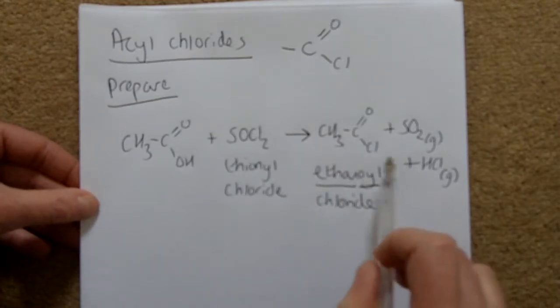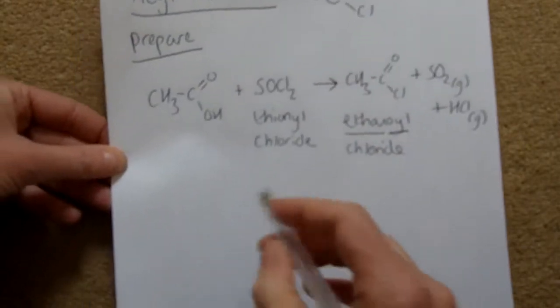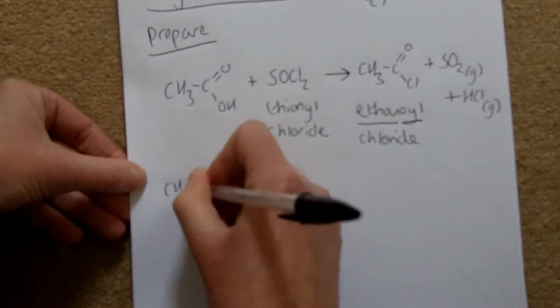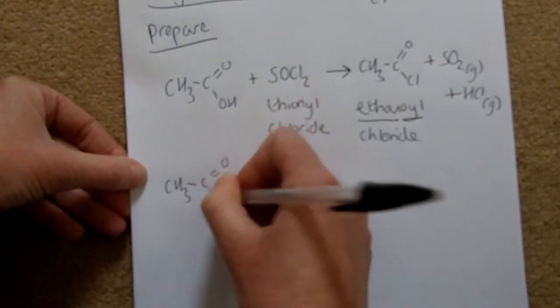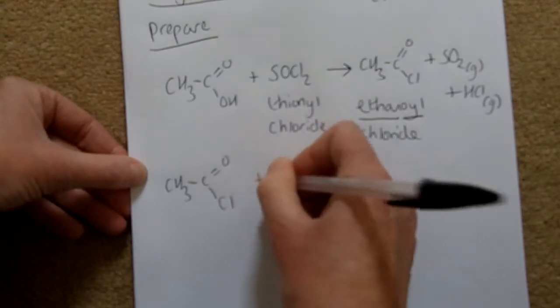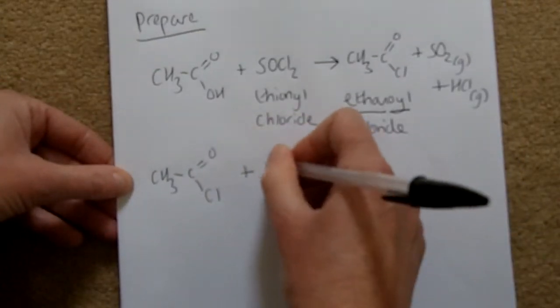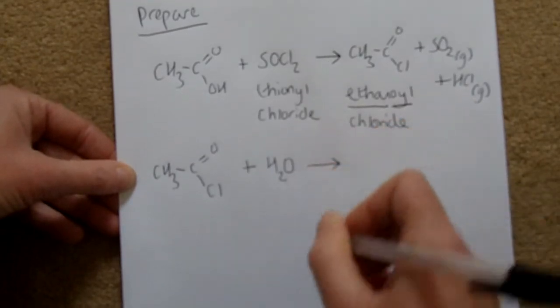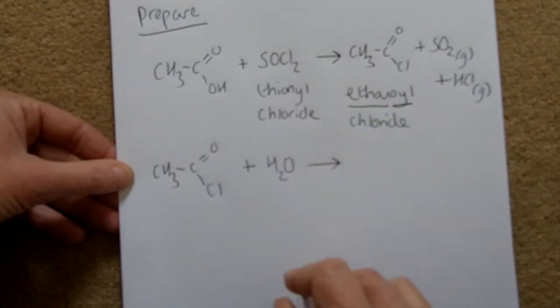Once you've made the acyl chlorides, they are really reactive. Even in moist air, you'll start to see white fumes of hydrogen chloride gas, so you've got to be very careful.